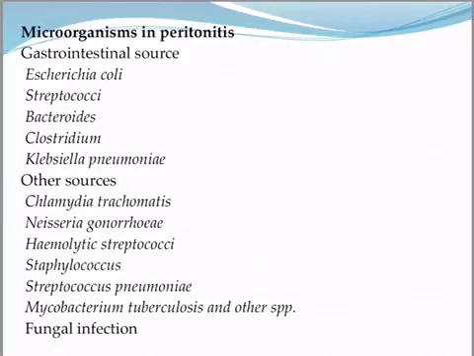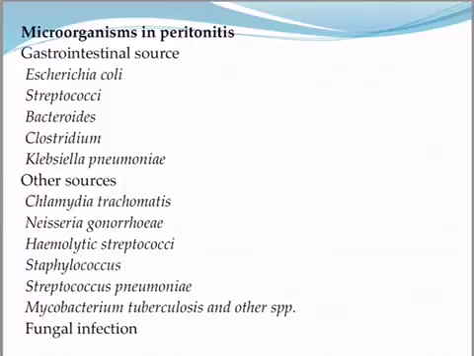The spectrum of bacteria that cause peritonitis are listed here. The gastrointestinal sources: Escherichia coli, Streptococci, Bacteroides, Clostridium, Klebsiella pneumoniae. Other sources, which are mostly from the female genital tract: Chlamydia trachomatis, Neisseria gonorrhoeae, hemolytic Streptococci, and the Staphylococci.